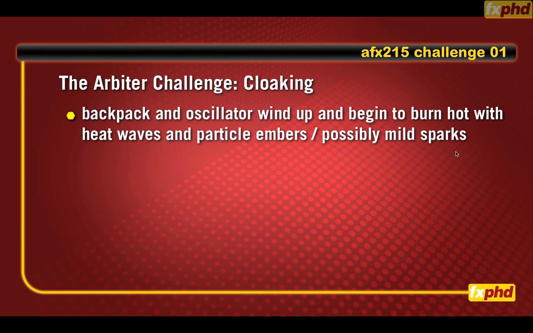This thing starts to spin and throw off a lot of heat and embers, sparks, that kind of thing. So that would indicate that there's some particle work here along with some heat distortion. There are some clues as to how to get started with those in After Effects Studio Techniques. In fact, there's a whole breakdown of how to do the heat distortion. And so that's one place to start. So a lot of the ingredients are there for you.